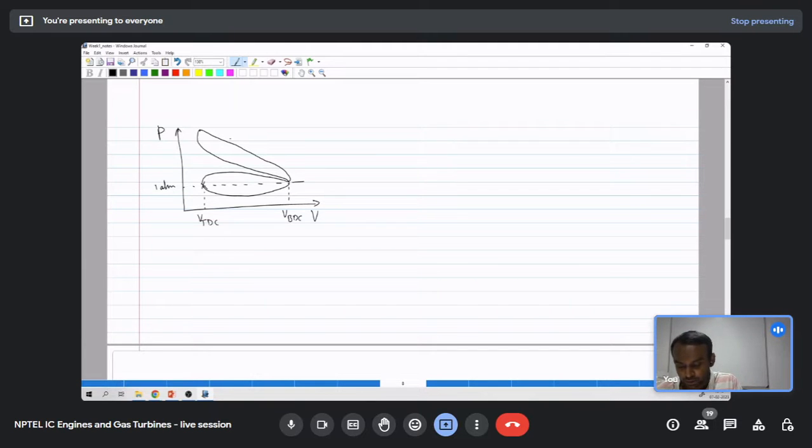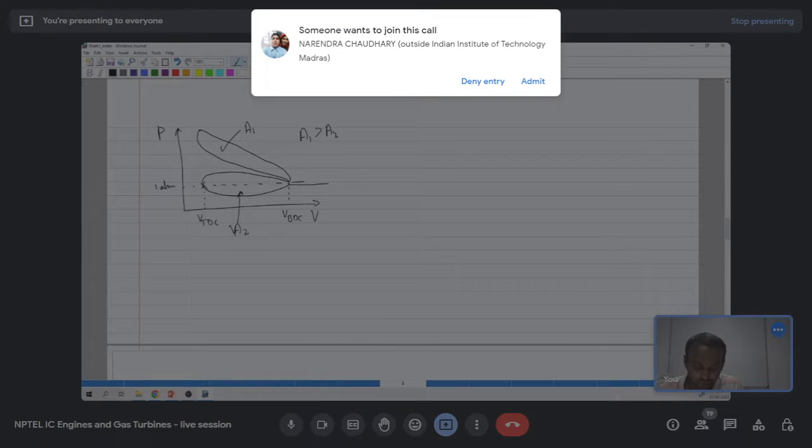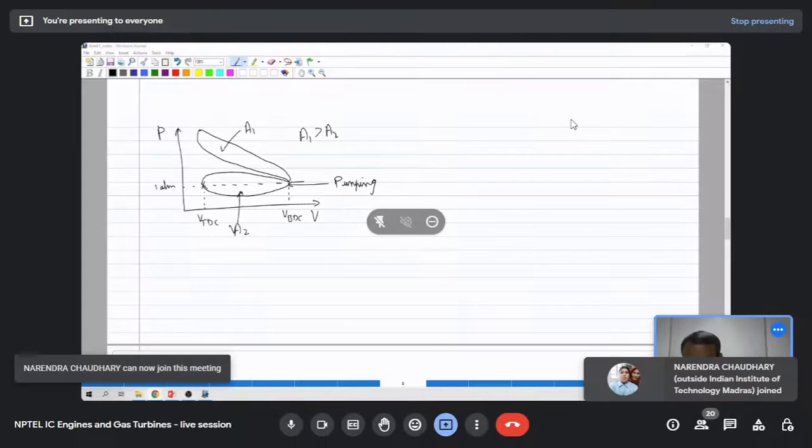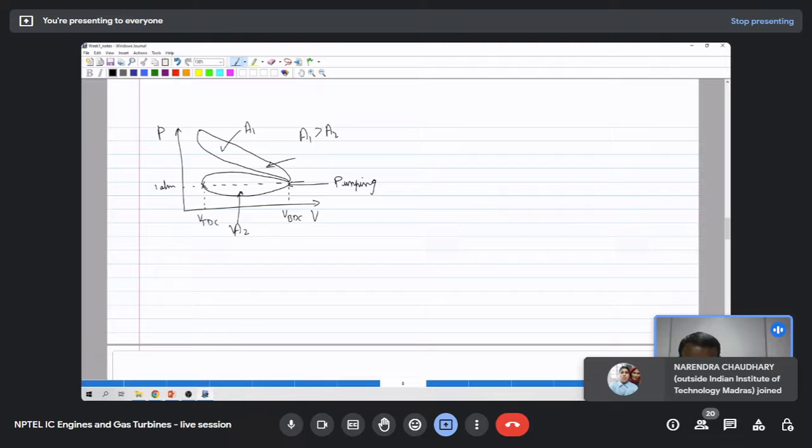So this is area 1 and area 2. Area 1 should be greater than area 2. Here I have exaggerated the pumping loss. The bottom loop is the pumping loss, because this work is done only to pump the air in and out, and this loop is the compression expansion loop.